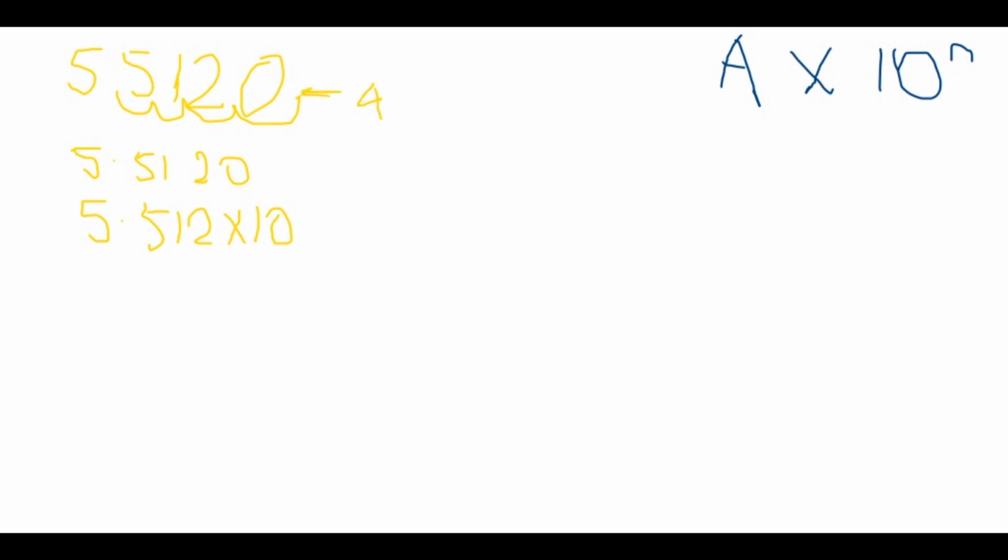It moved 4 steps, so the power of n is 4. And note, you can also include this 0 in the standard form expression if you want to. And this is your standard form.